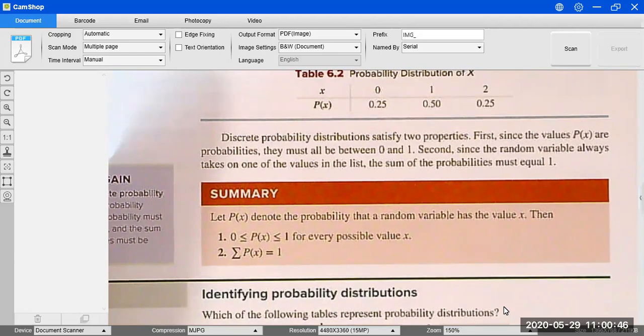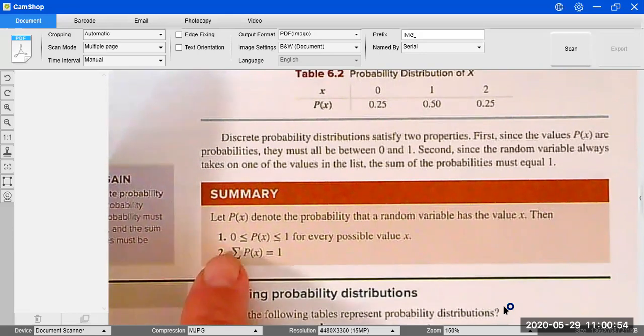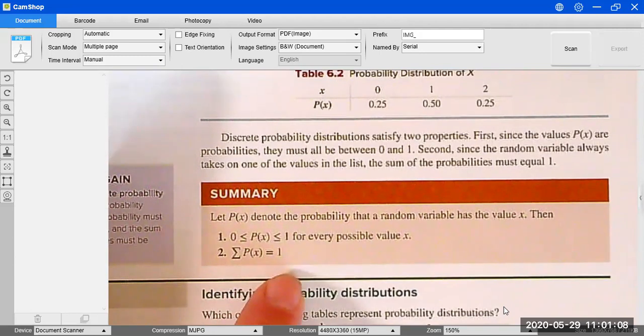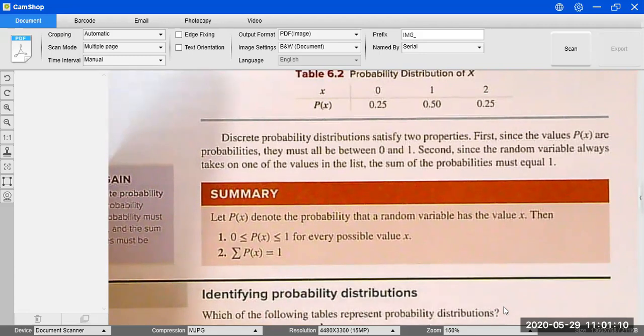The first condition is the same that we mentioned in the last chapter: any value of probability should be a value between 0 and 1. And the other condition is that the total sum of probabilities for that discrete probability distribution should be equal to 1, or because sometimes we are dealing with rounding, numbers very close to 1.